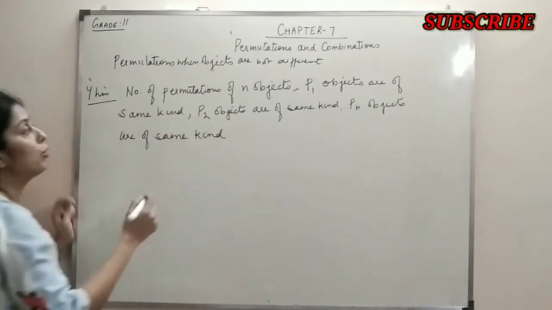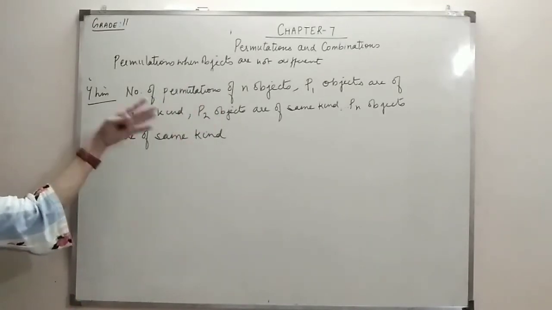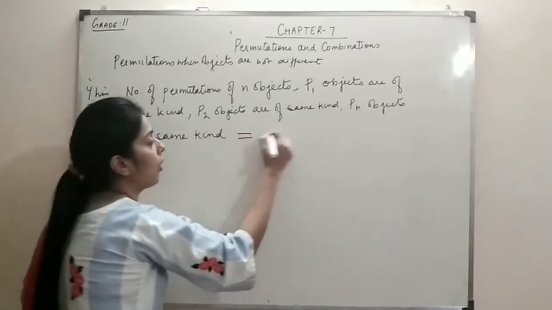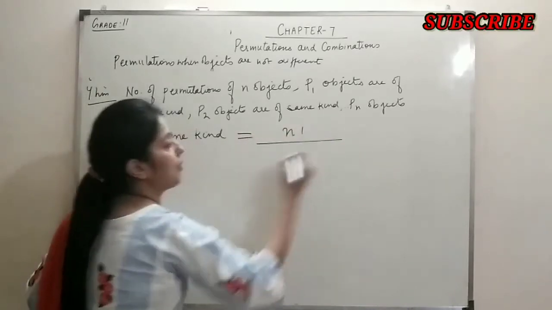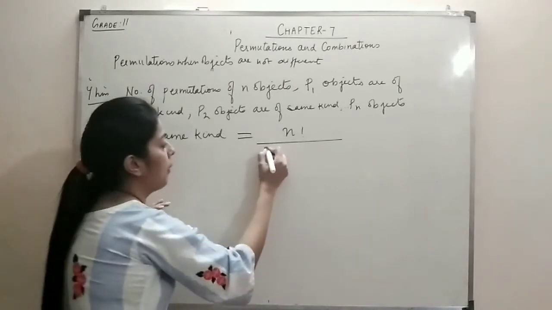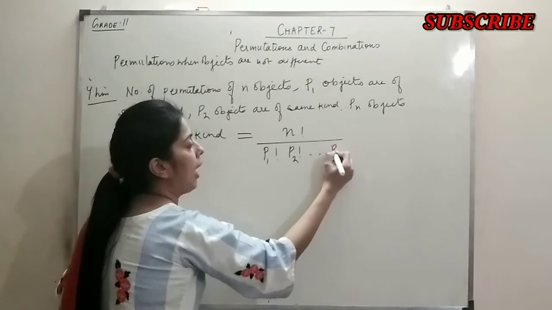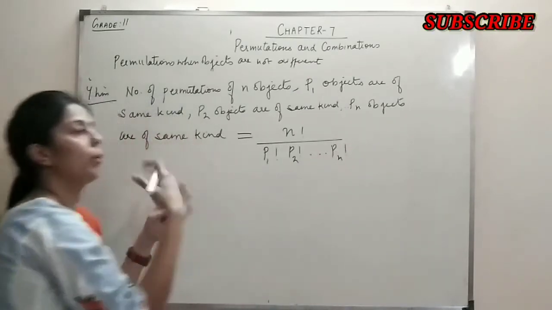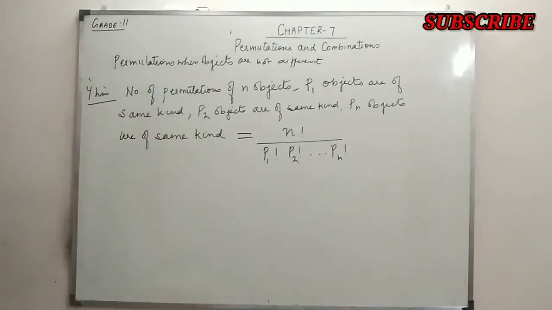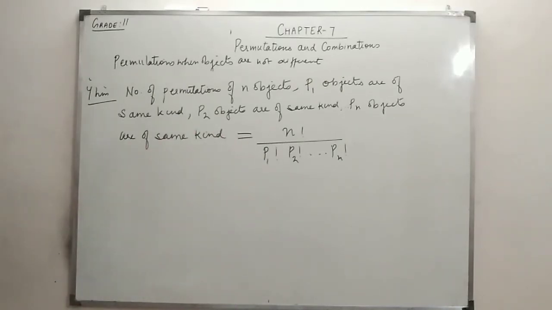The number of permutations is n factorial divided by P1 factorial, P2 factorial, and so on up to however many objects are repeating of the same kind. So we divide by that.